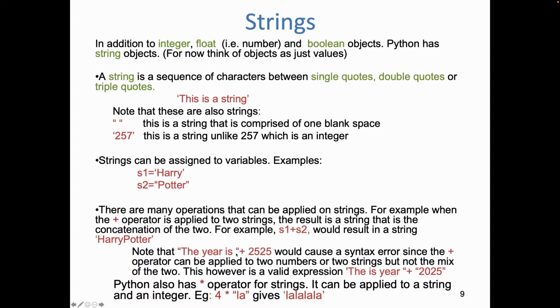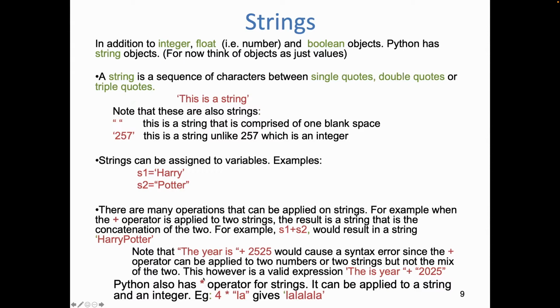But be careful that if you try to concatenate a string with an integer, it will cause an error, since the plus sign operator can only be applied to two numbers or two strings, but not a mix of the two. However, if you make this part a string, then you can run it without any error.